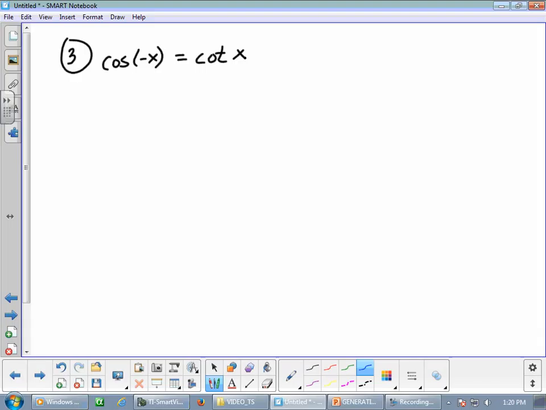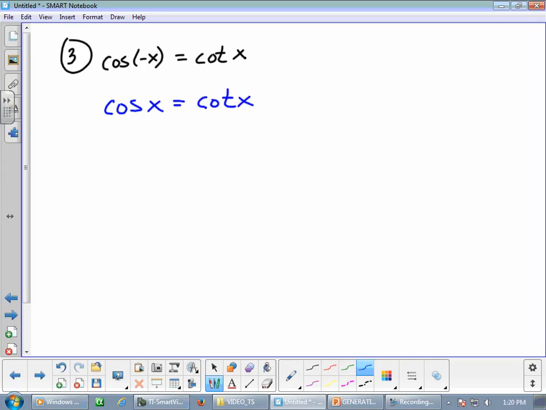The cosine of negative x is? You have it written wrong. The cosine of negative x is cosine of x. Okay? So cosine of negative x is the same as just writing cosine of x. So cosine of x equals cotangent of x.